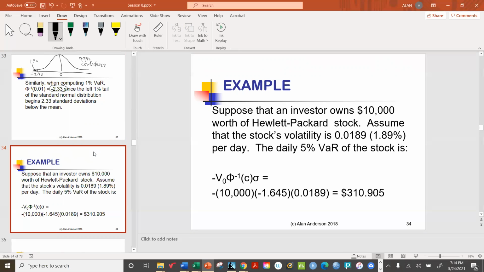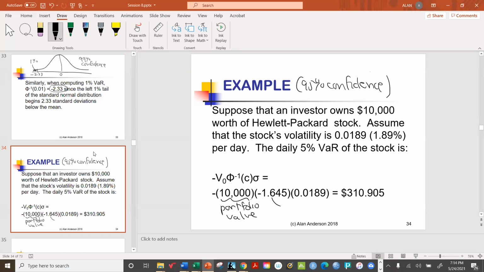So the daily 5% VAR of the stock, which means 95% confidence, is, now remember here, this is the value of the portfolio, this is my z-score, and this is my volatility. About $310.